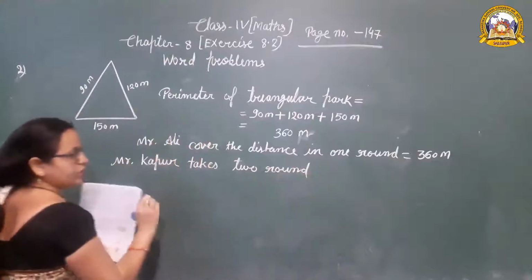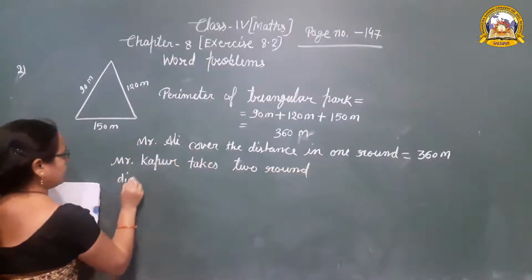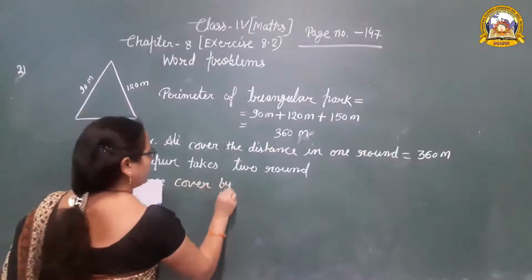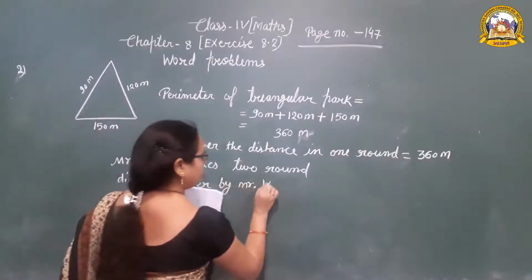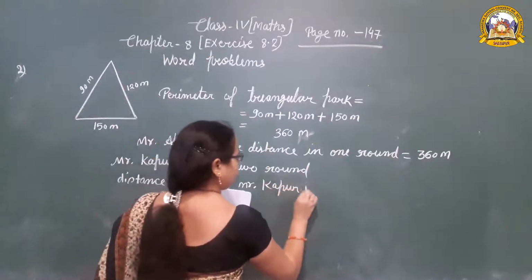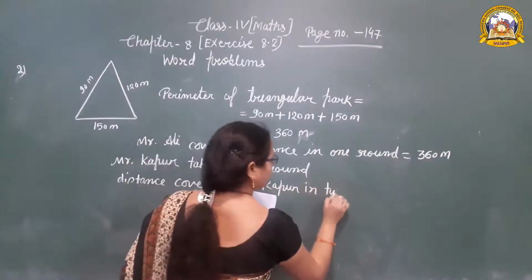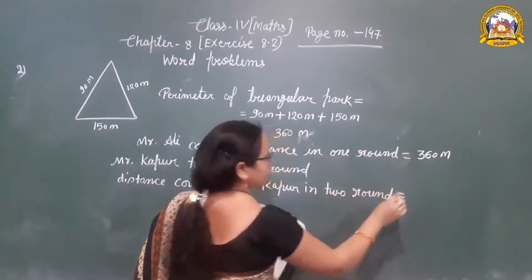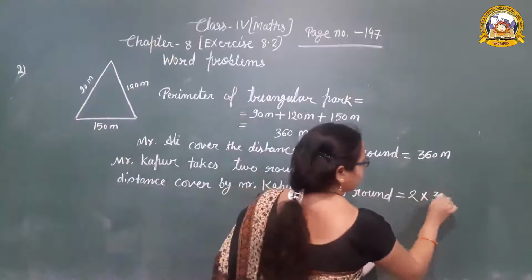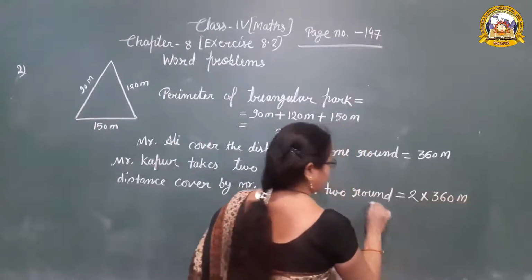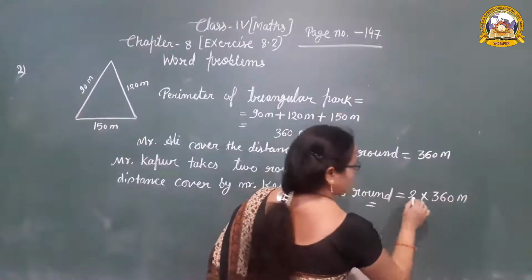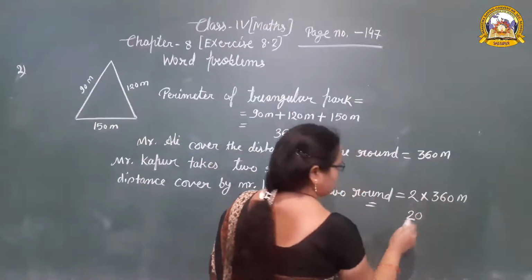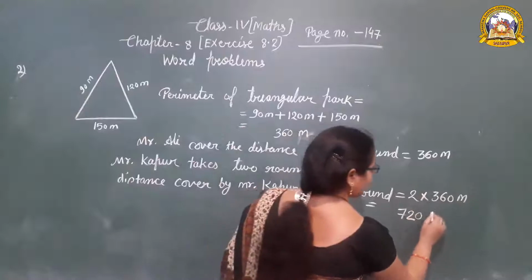It means the distance covered by Mr. Kapoor in 2 rounds is equal to 2 multiplied by 360 meter. It means 2 multiply 0 is 0, 6 2s are 12, carry 1, 3 2s are 6 plus 1 is 7.